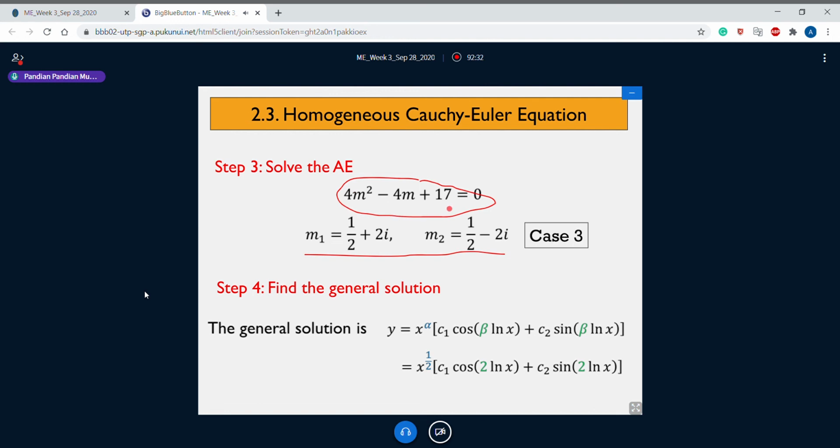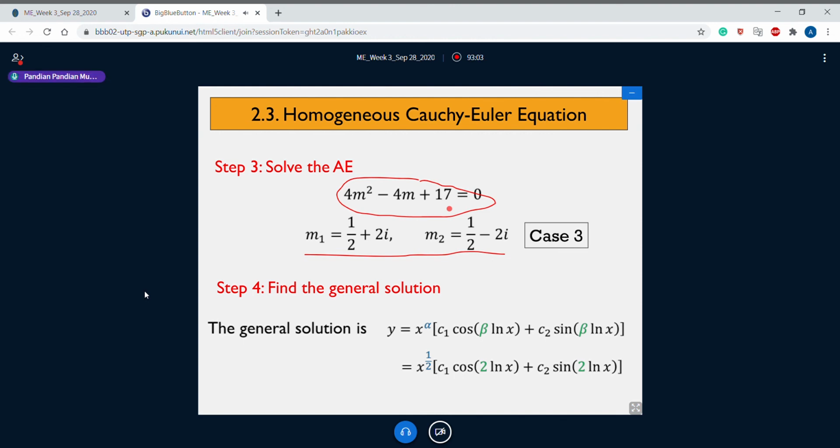So your m equals minus B, so B is minus 4, so minus minus 4, plus minus root of B squared, minus 4 squared, 16, minus 4 A 4 C 17, divided by 2A, so 2 multiplied by 4, 8.